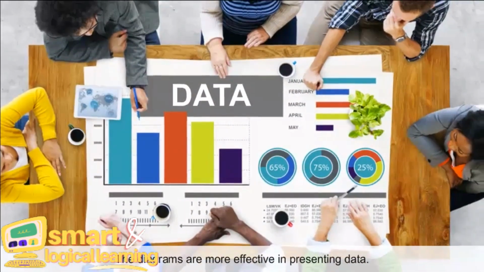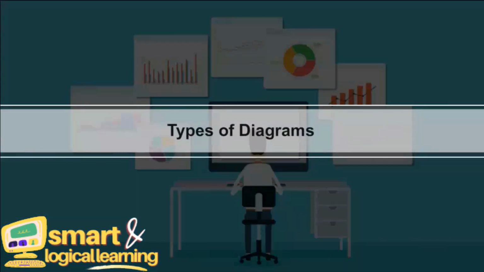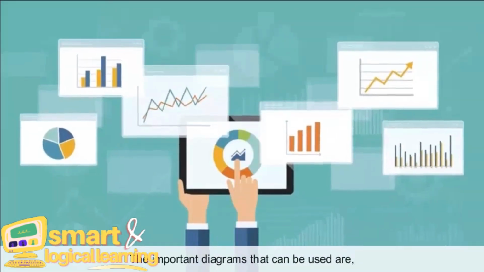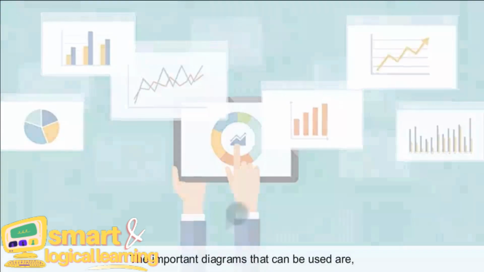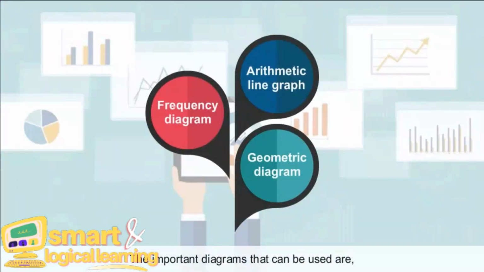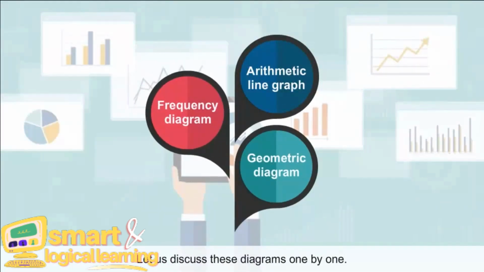The diagrams are more effective in presenting data. Types of diagrams. The important diagrams that can be used are geometric diagram, frequency diagram, arithmetic line graph. Let us discuss these diagrams one by one.